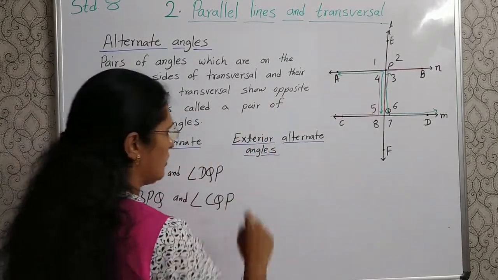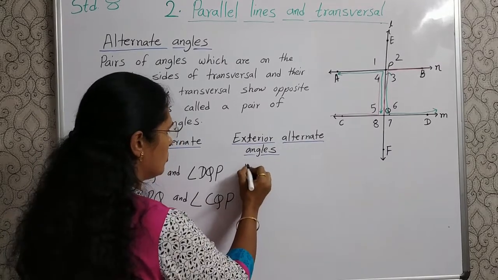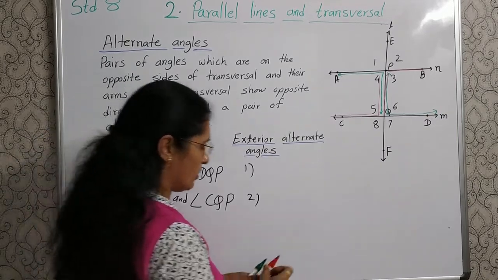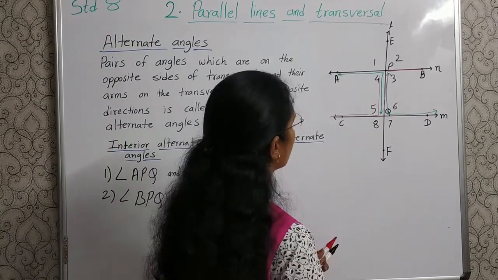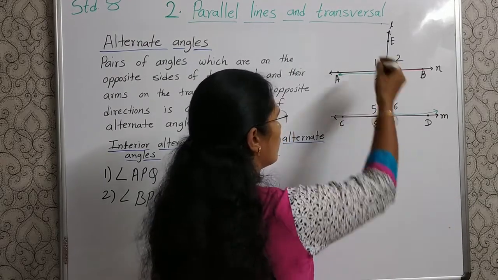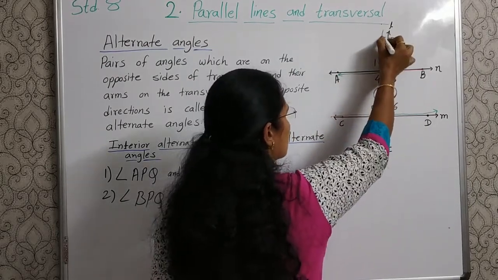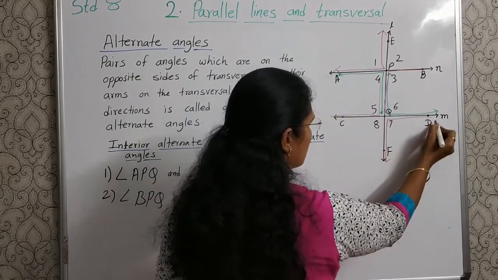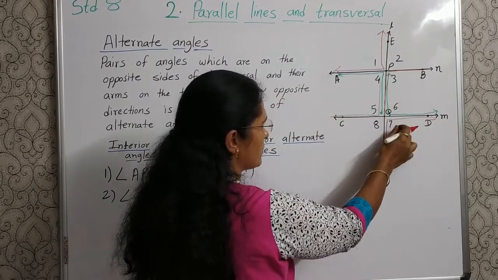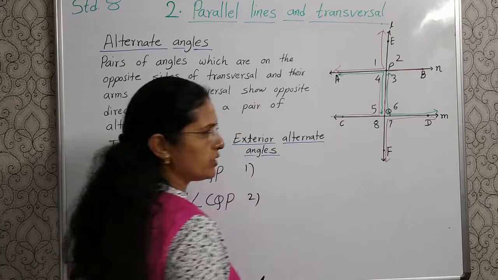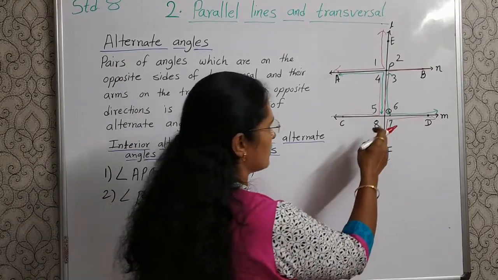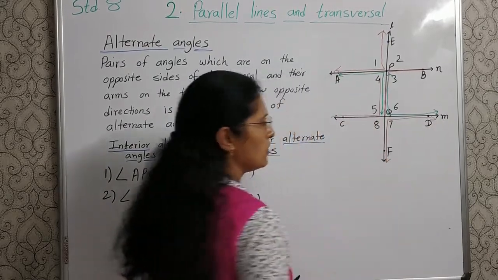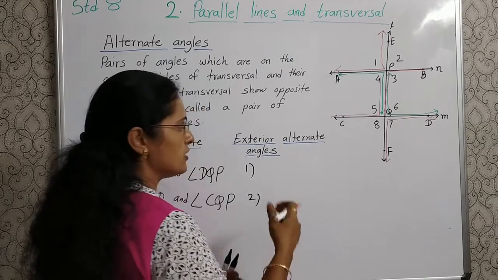Next, exterior alternate angles. There are also two pairs of exterior alternate angles. Angle 1 and angle 7. These two angles are on the opposite sides of the transversal and they are at the outer side of these two lines, that is the exterior part.